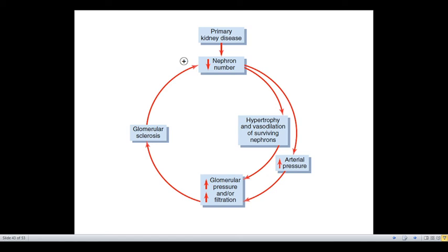Loss of nephrons because of disease may increase pressure and flow in the surviving glomerular capillaries, which in turn may eventually injure these normal capillaries as well, thus causing progressive thickening called sclerosis and loss of these glomeruli.